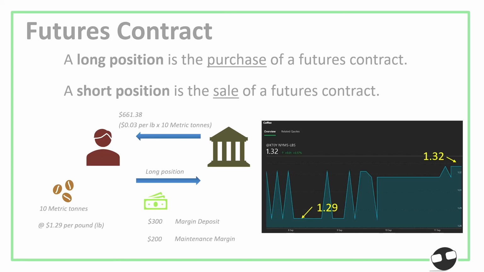Now, if it moved in a different direction, let's say it dropped by $0.03 per pound, then you will have a negative 661.38 in losses. In that case, you would like to have a short position.